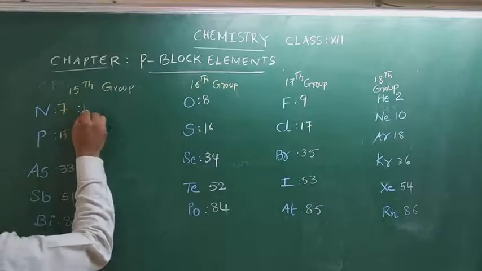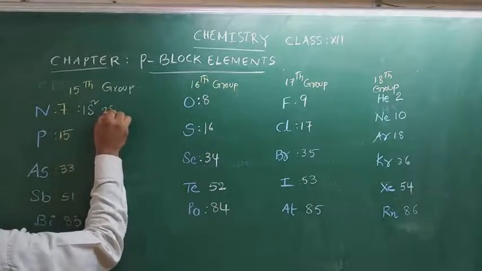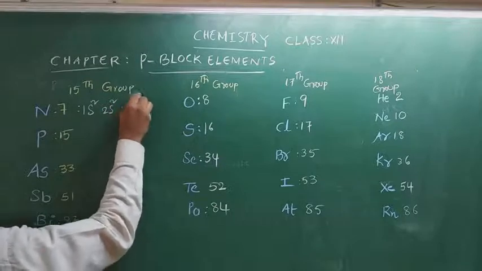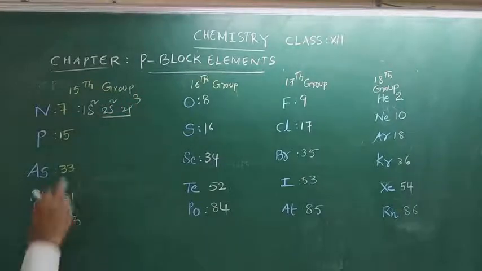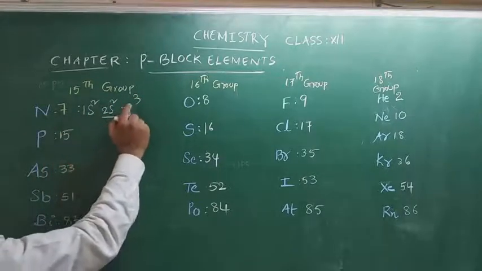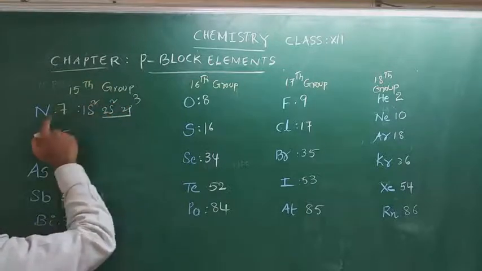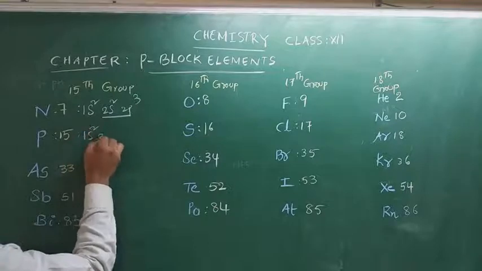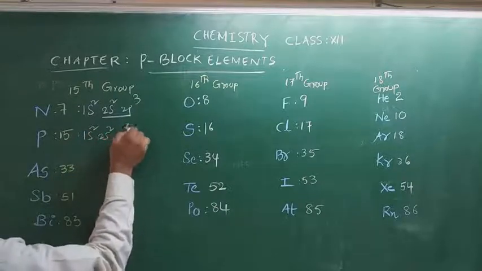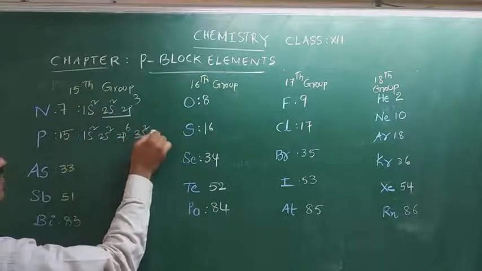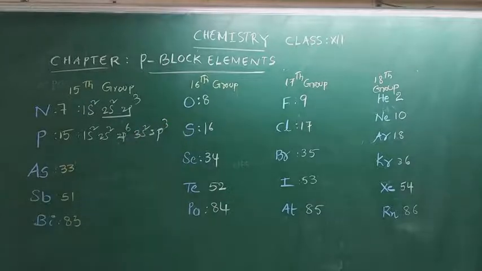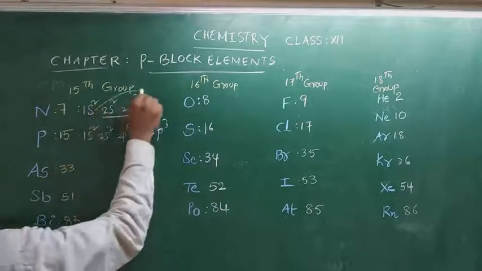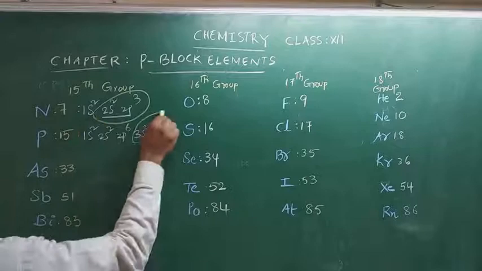Electronic configuration: 1s2, 2s2, 2p3. See here, if I write 1s2, 2s2, 2p3, check: 3 plus 2, 5, 5 plus 2, 7 is correct. So now for 15, if you write 1s2, 2s2, 2p6, 3s2, 3p3.